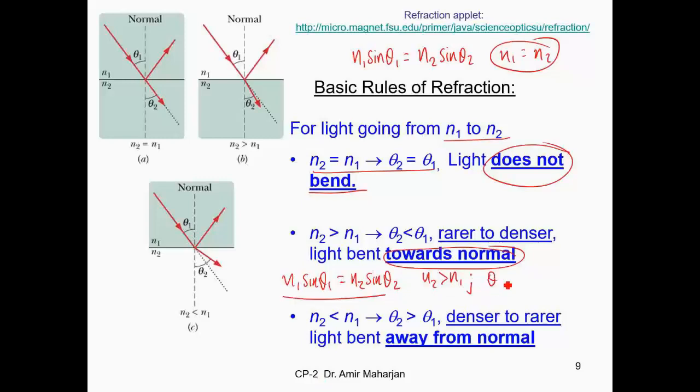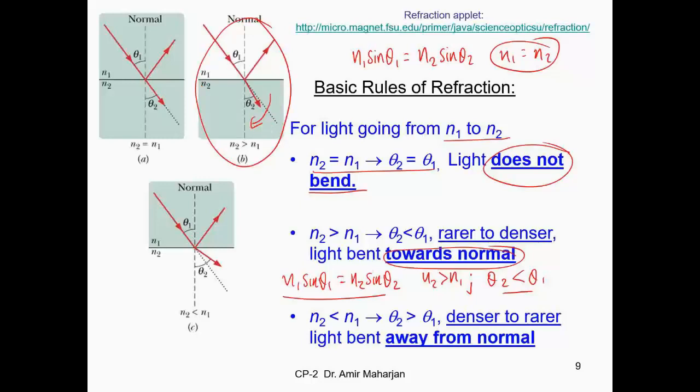So theta 2 has to be less than theta 1. So light bends towards the normal. This is the example: light passes from air to glass, light bends towards the normal.